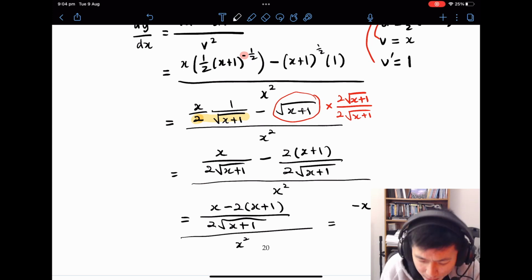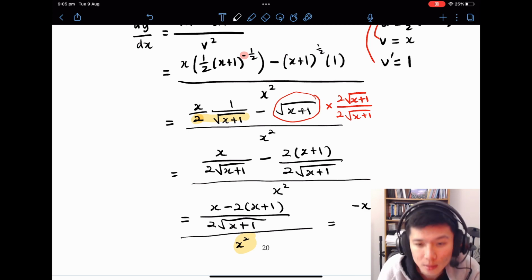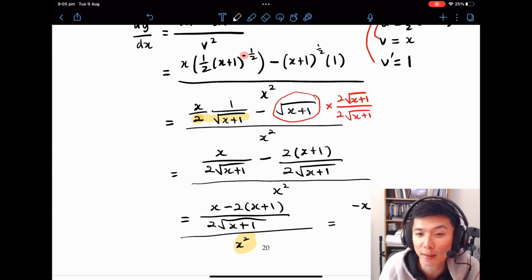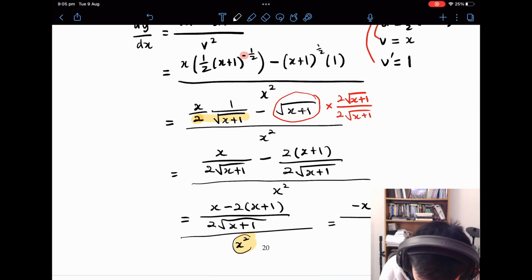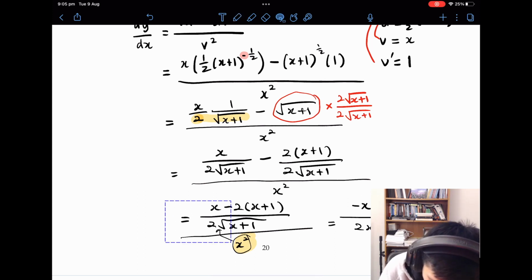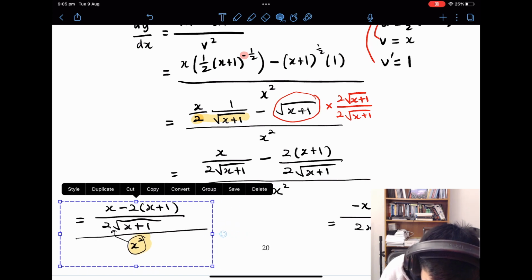And then, well, what about this x squared on the bottom? How do I do that? Well, remembering that if I divide by x squared, I'm actually also just multiplying by 1 over x squared. And so this x squared actually jumps here, and it gives me 2x squared root x + 1. Right? And if you're not convinced, I can show you an intermediate step here.